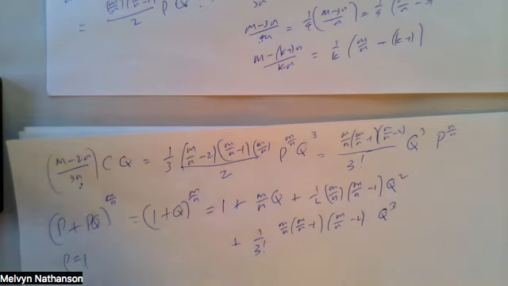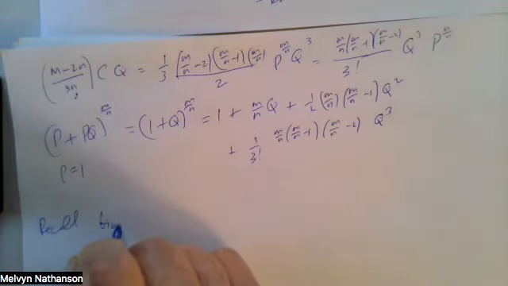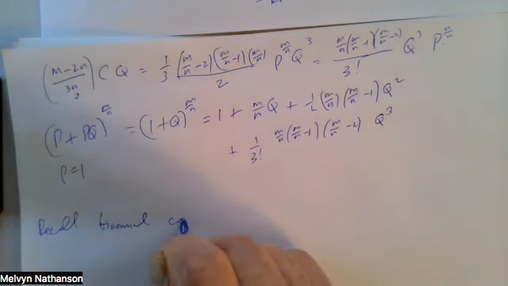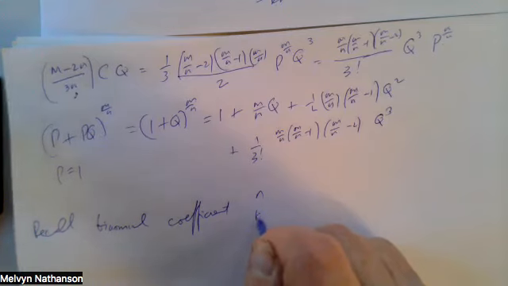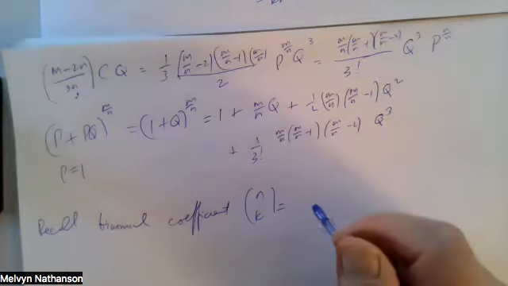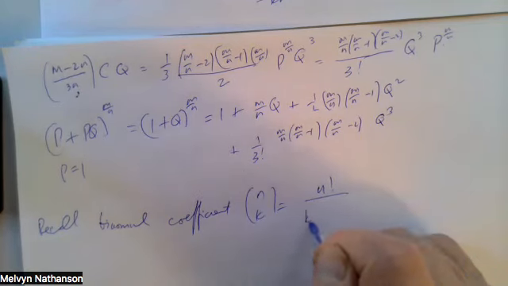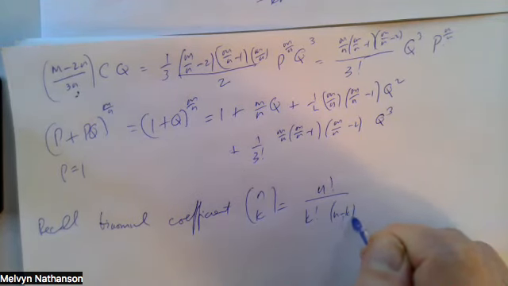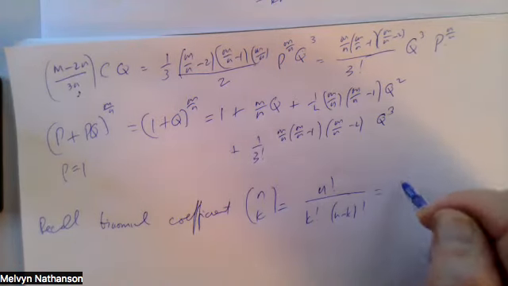So I just want to recall the binomial coefficient. I want to write it down in an alternative way. N choose k is n factorial over k factorial times (n minus k) factorial. What is n factorial?